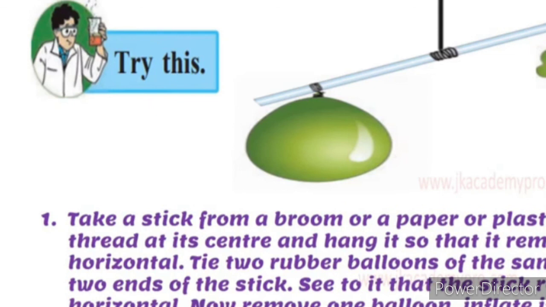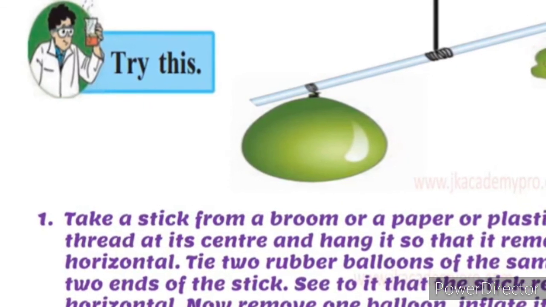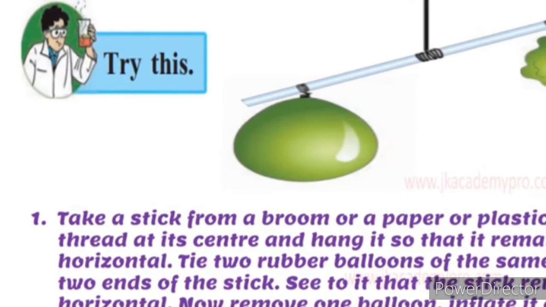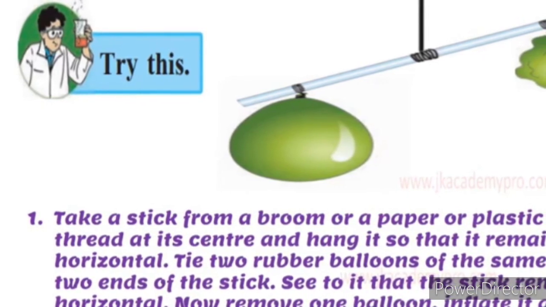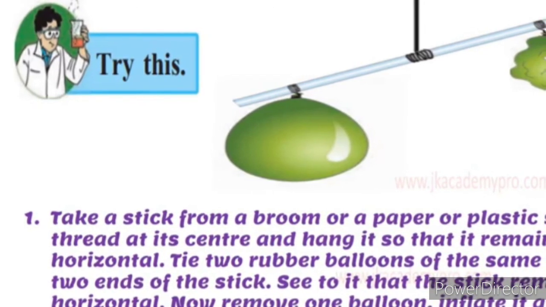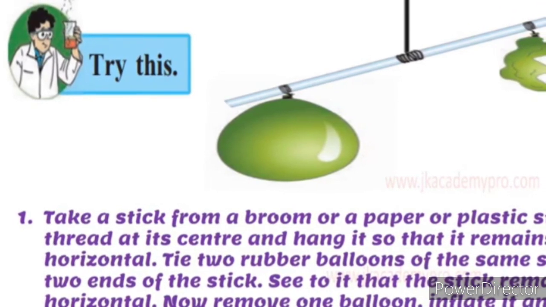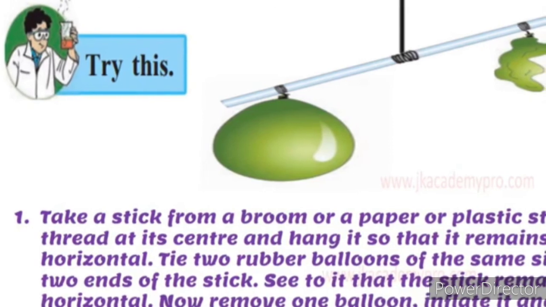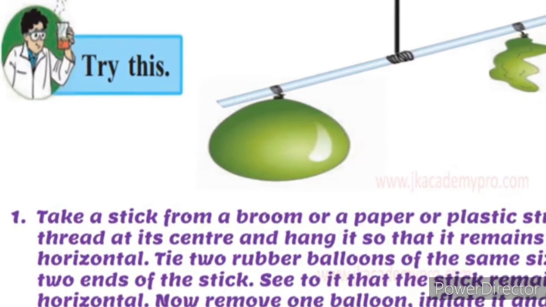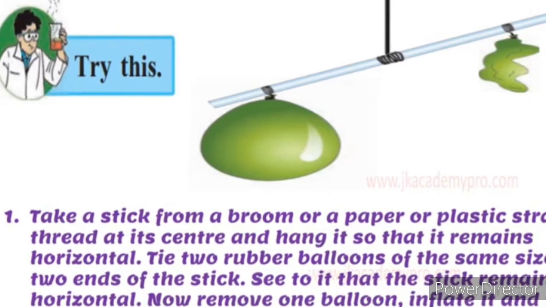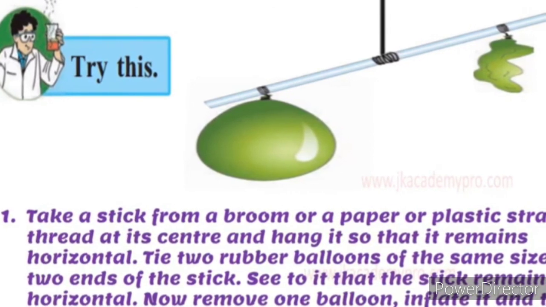Take a stick from a broom, or a paper or plastic straw. Tie a thread at its center and hang it so that it remains horizontal like a balance. Now tie two rubber balloons of the same size at the two ends of the stick, so that the stick remains horizontal.